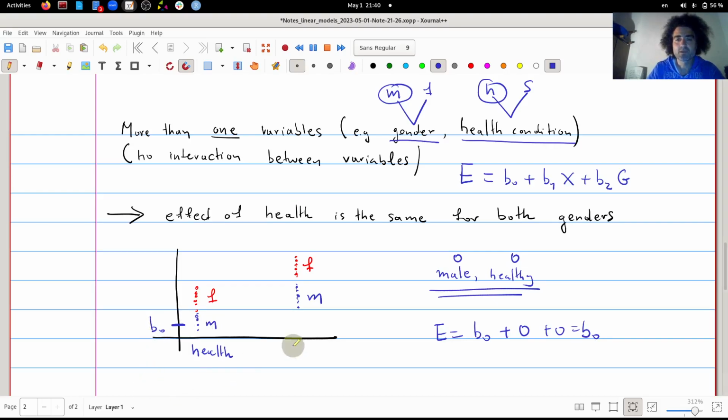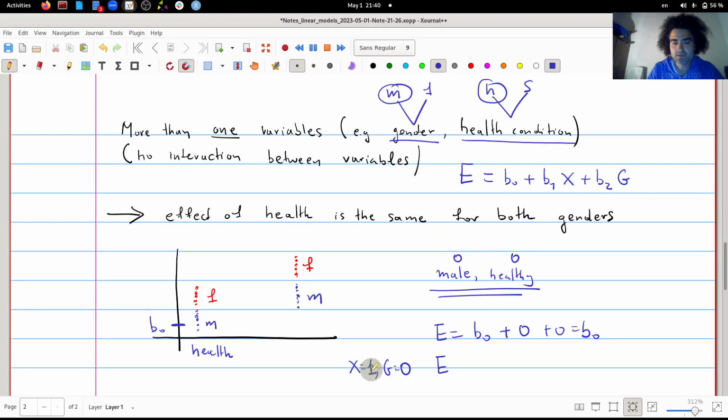Okay. Now, if this is 1 and this is 0, which means that we talk about sick individuals but still males, we will have that. So now we have x equals 1 and g equals 0.